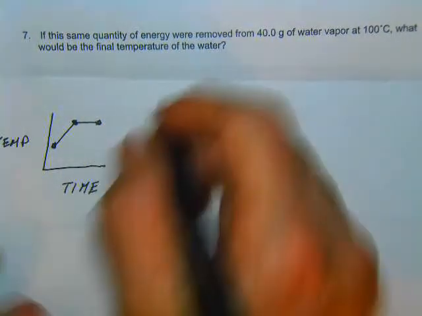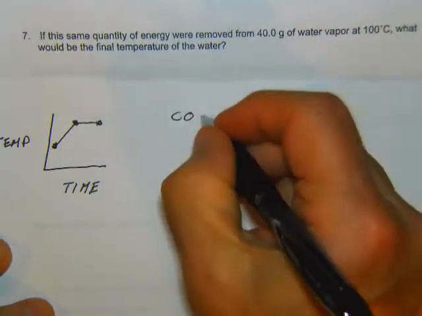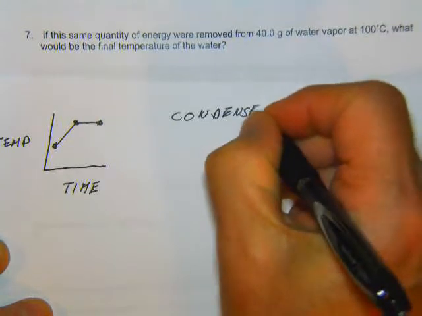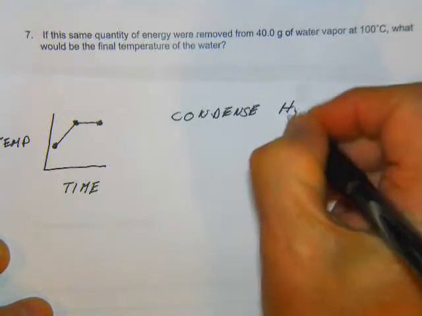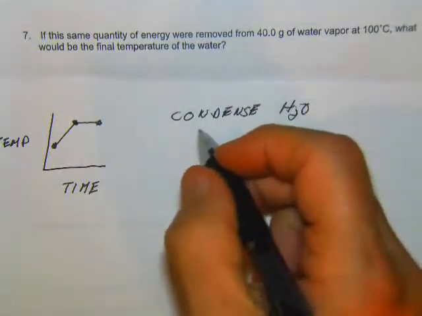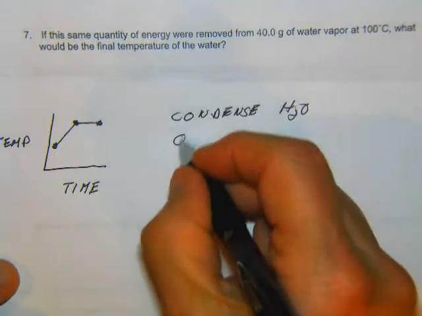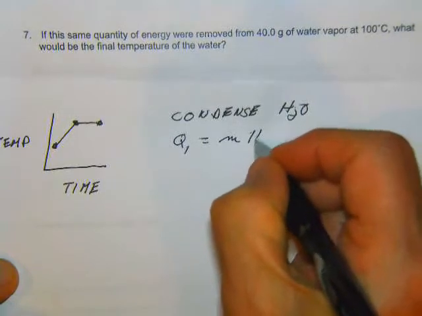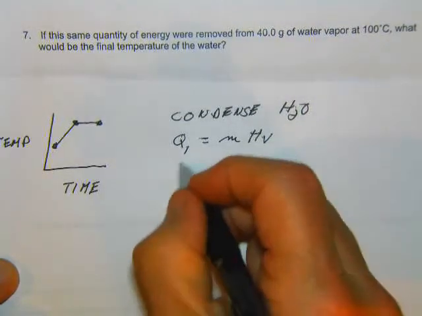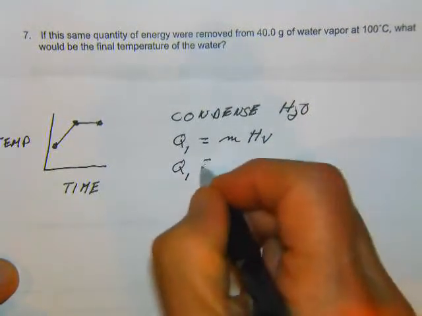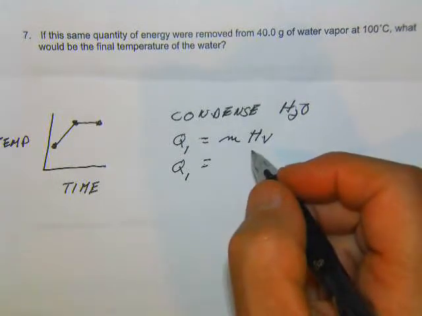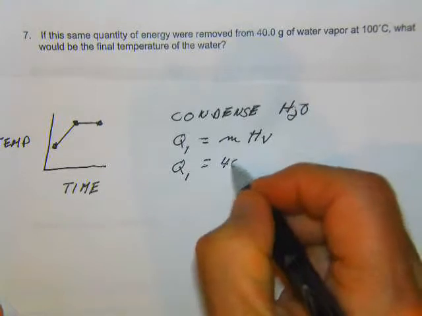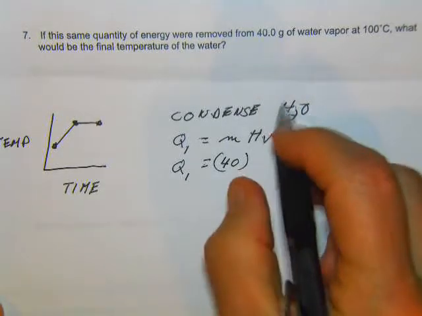So first thing we have to do, we have to condense it. And we're going to call this Q1, and it's M times the heat of vaporization. So Q1 equals, and let's see, we have 40 grams, and we know the heat of vaporization.